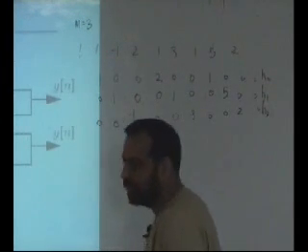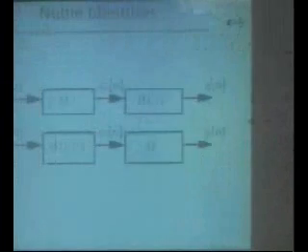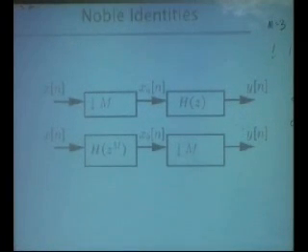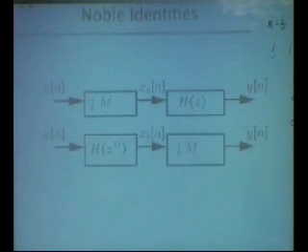So these are called noble identities, and the noble identities are primarily the identities which are used in polyphase filters.